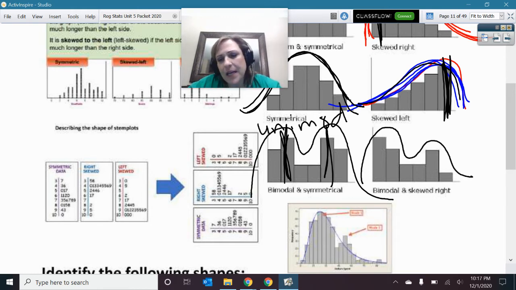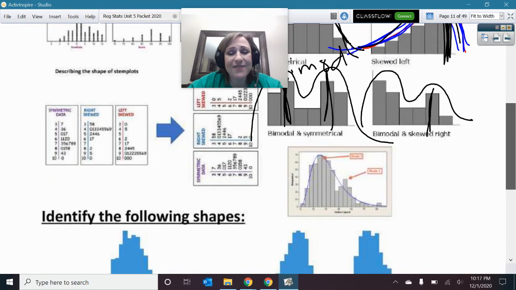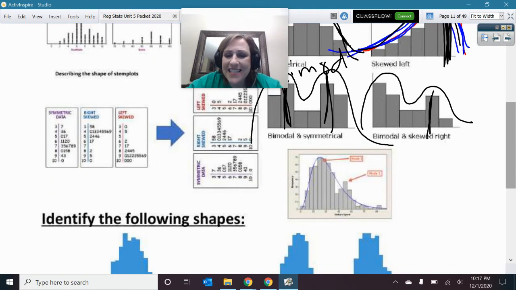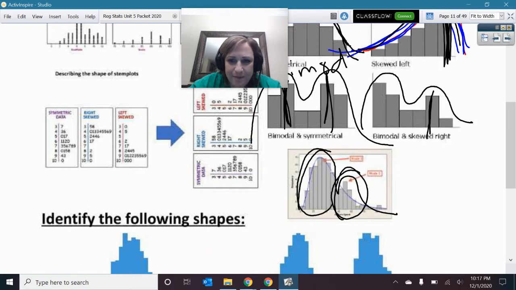It's a little misleading because I don't want to say just because one bar peaks up there, that's a whole other mode. When you're describing an additional mode, it's really because there's some kind of subset happening. See here, this is really two clusters of data.